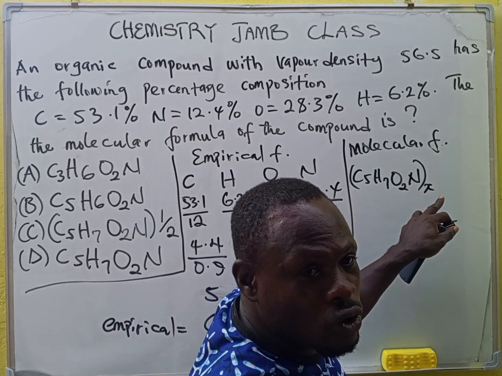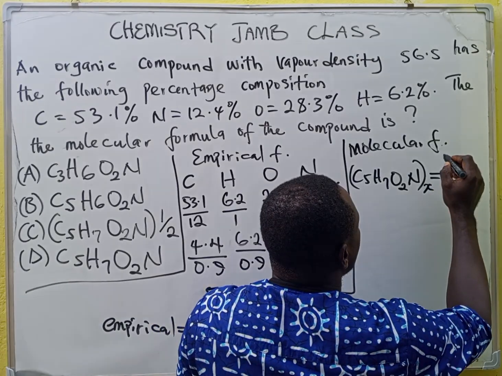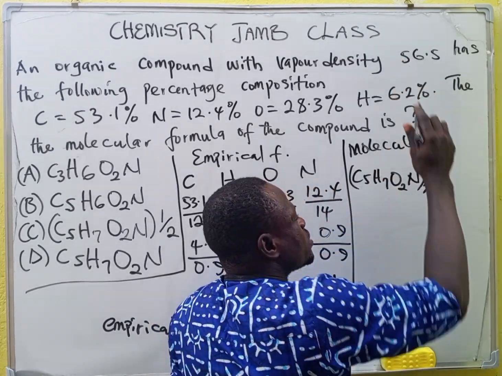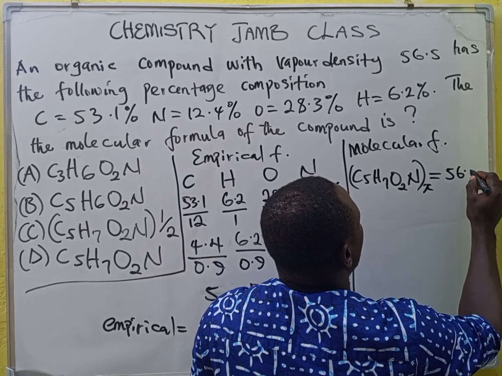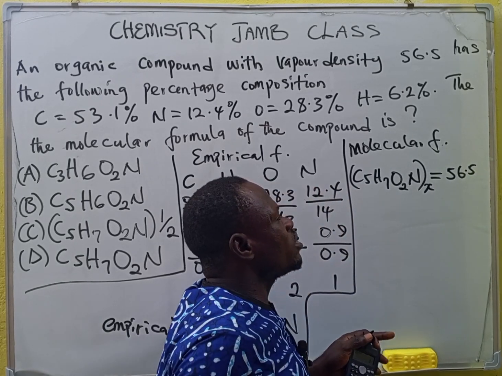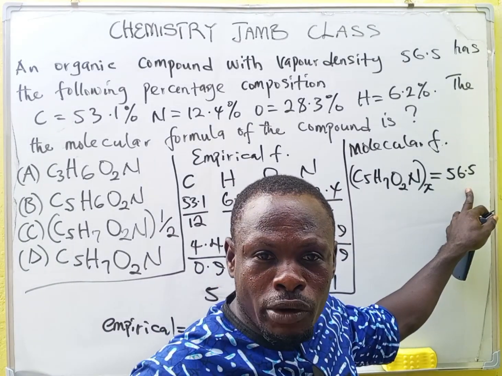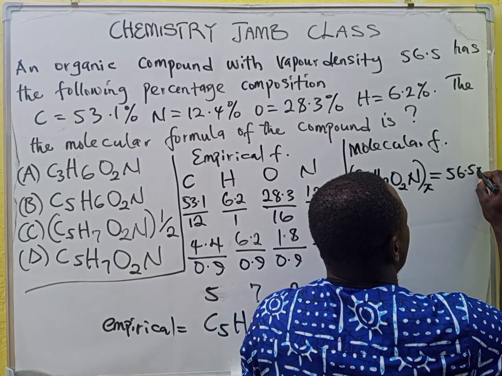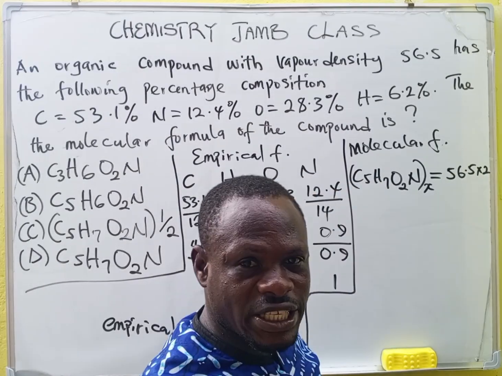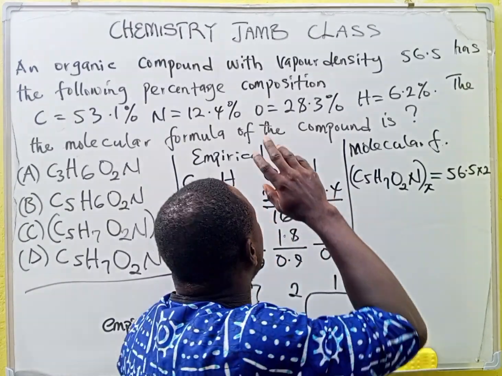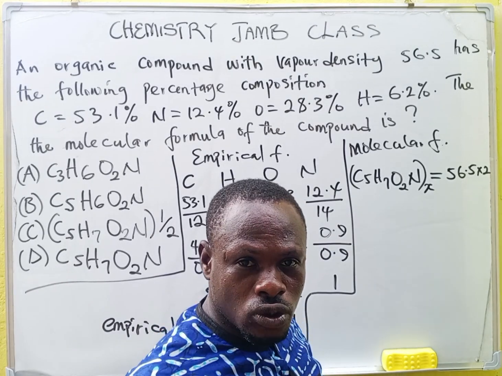You equate it to the vapor density, which is 56.5. Now, the vapor density, I told you, you multiply by 2. Vapor density in organic compounds, you multiply by 2. Do you understand?